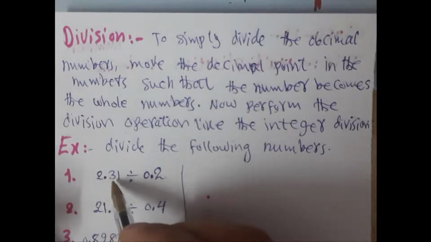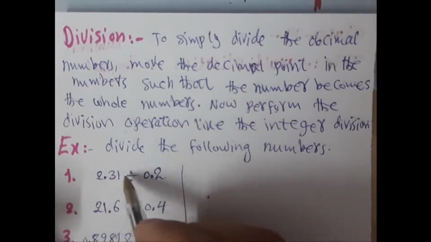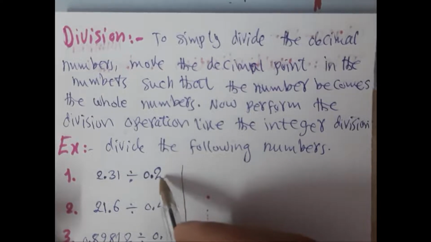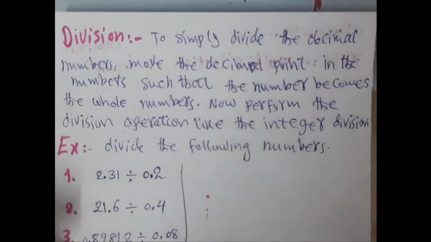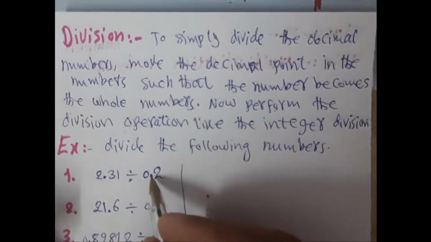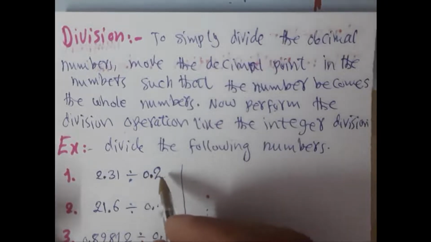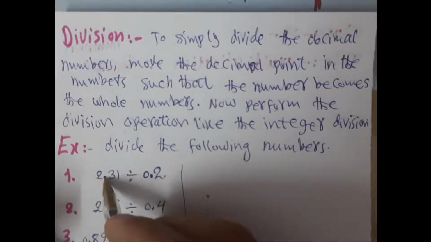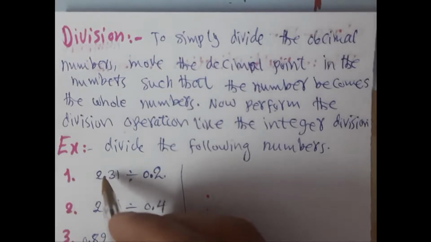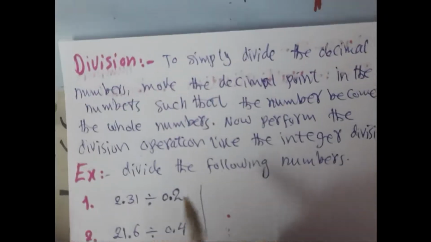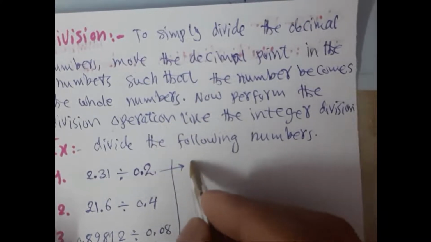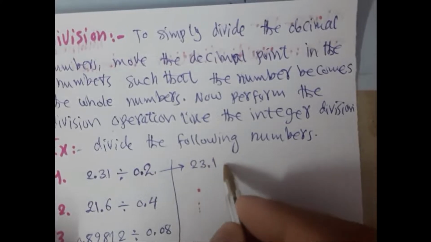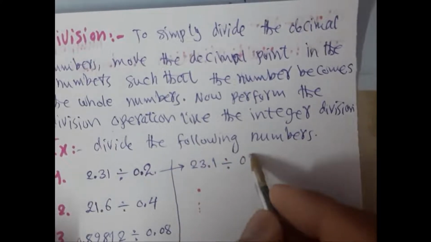Also from here, we have to carry the decimal point in front of the 3. So actually we have to write 23.1 divided by 0.2.